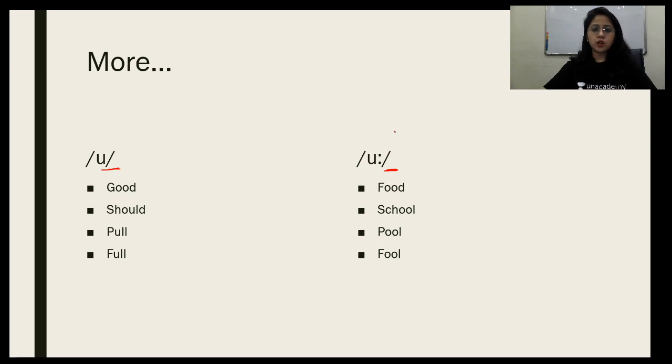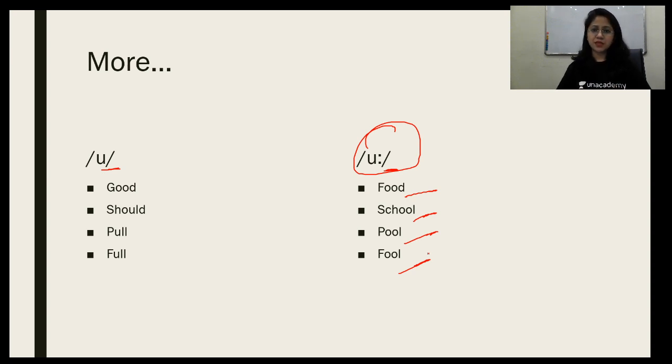Now, the other longer vowel, so we've got food, school, pool, fool. So you can understand, they're completely two different sounds where we are making these sounds out here. And it is very important to understand that both these sounds, food, school, pool, fool, and good, should, pull, full, are different sounds.